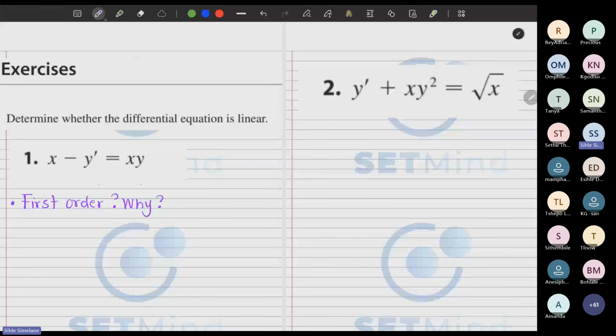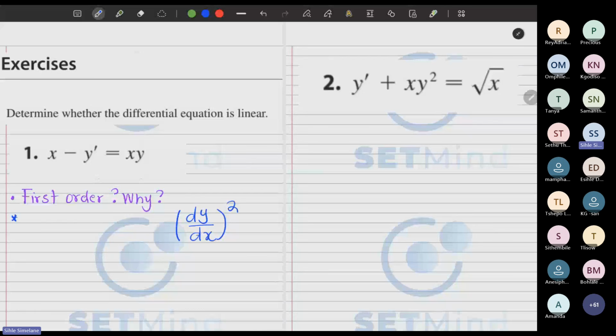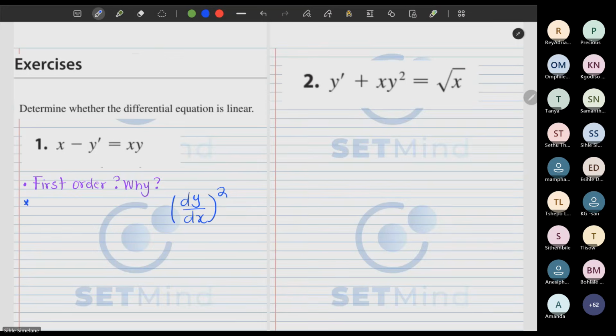To come to what you are saying, here's what I'm going to ask you. If I have this here, is this a first order or a second order differential? I'm asking this because we need to be very careful. This is still a first order differential.